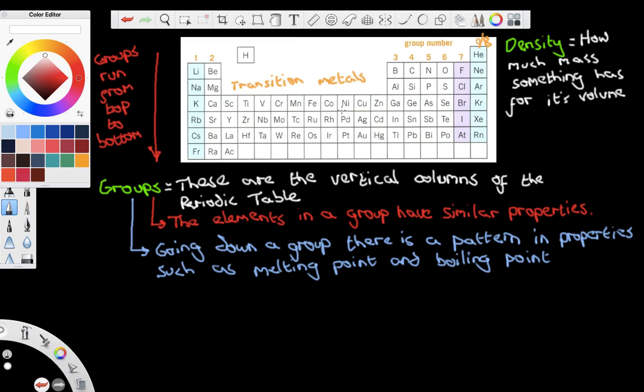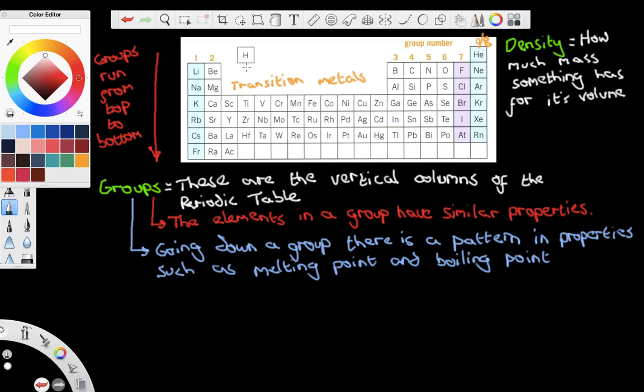The transition metals do not have these groups because they do not have properties that are so similar that we can put them into groups. Therefore, there's this massive gap. All you need to know is that these are called the transition metals in the middle. This is group 1, group 2, group 3, group 4, group 5, group 6, group 7, and group 8 or group 0. Hydrogen is on its own. Hydrogen is not in any group, and it's not in any period that we're going to speak about now.